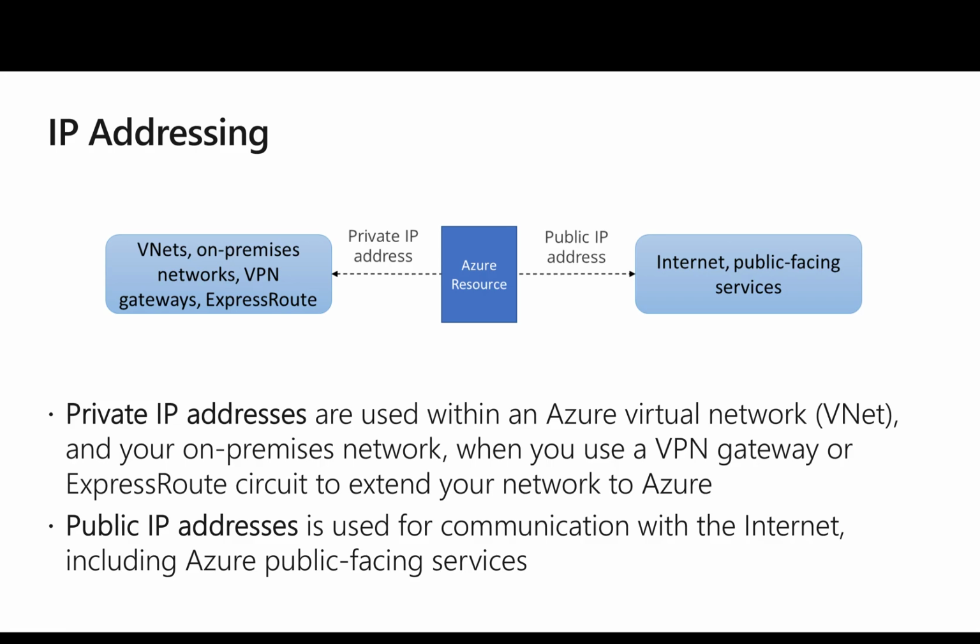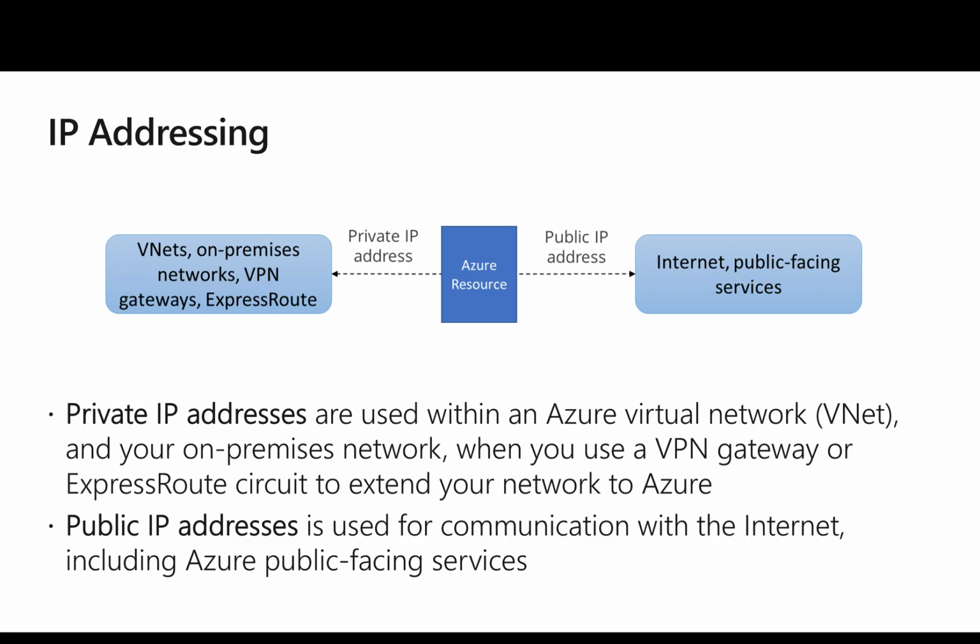Whenever we are trying to assign a new IP address, it will pick an unused IP address from the pool and assign it to the networking interface. And whenever we want to release it or shut down the resources, it will release the IP back to the pool. And if some other resources need that IP address, it can be reused. So that's what we call a dynamic IP address.